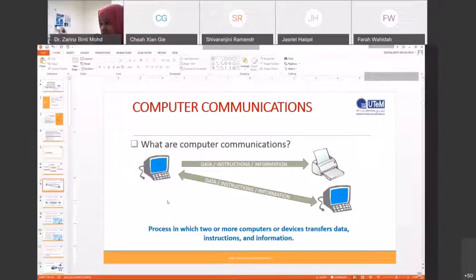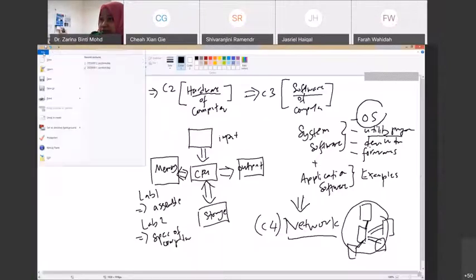So I hope you can see through this illustration. So I repeat, computer communication is a process in which two or more computers or devices transfers data, instructions, and information. So let's take a look here.